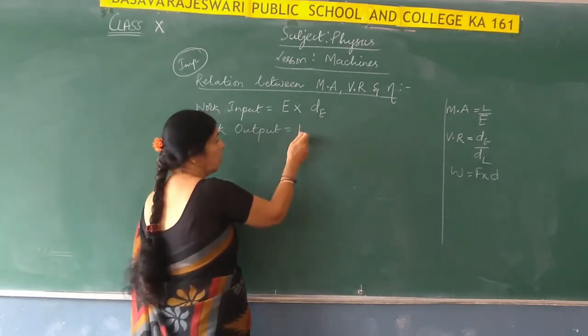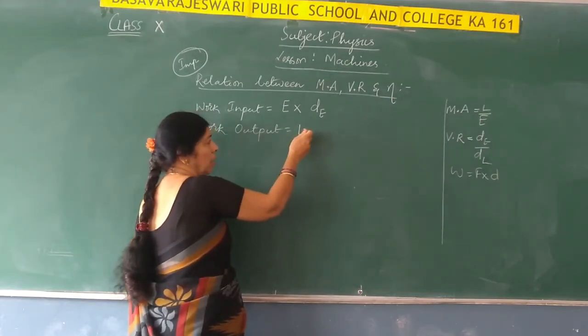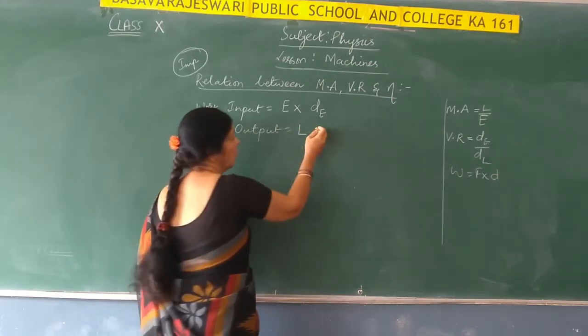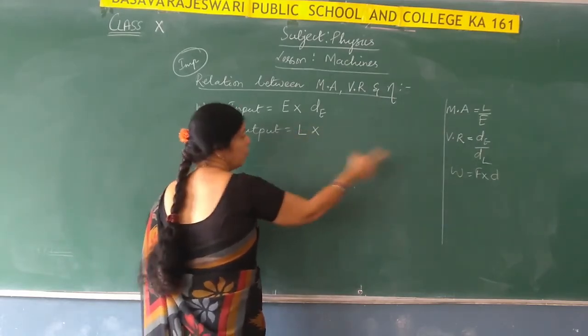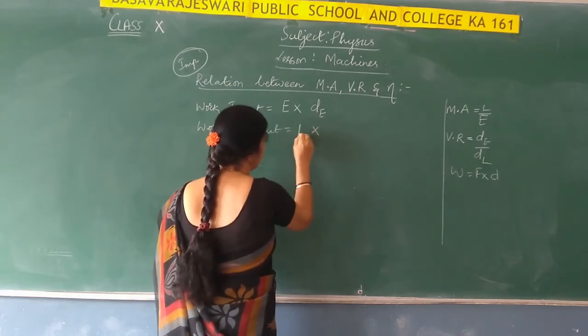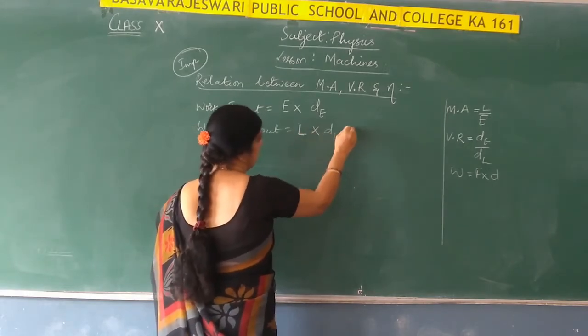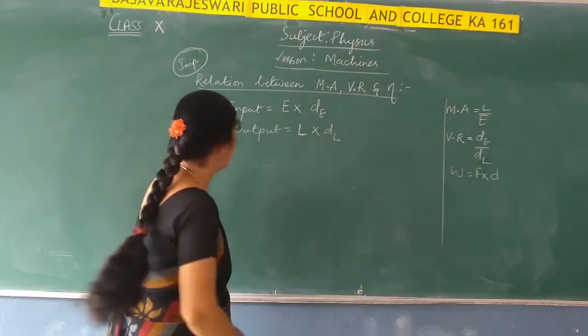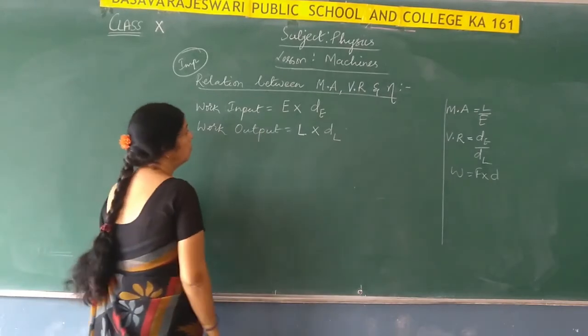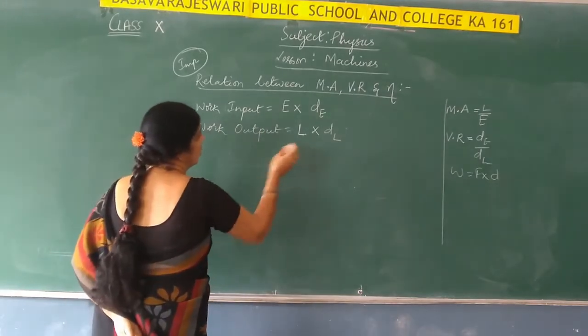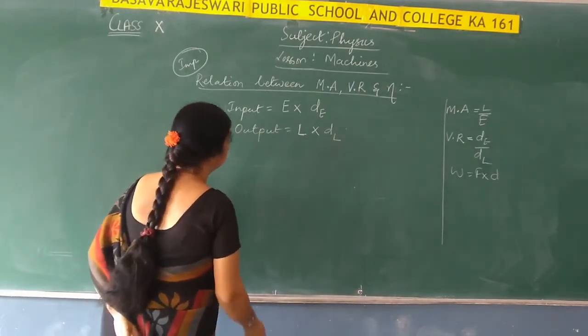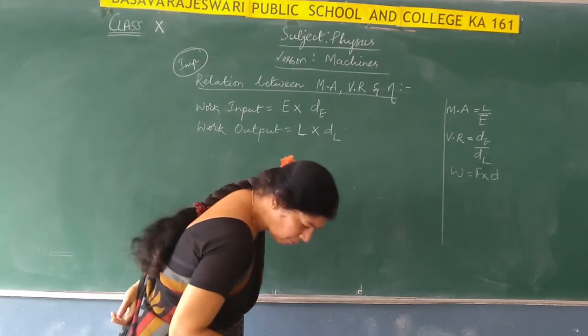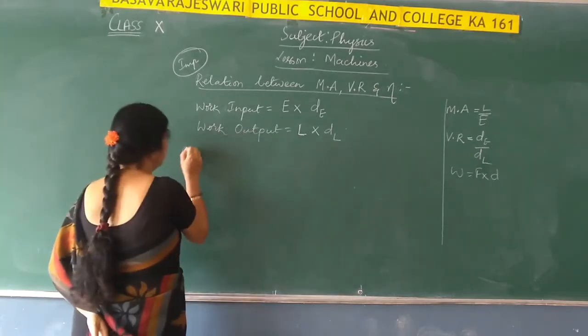We are overcoming L amount of force. So work is again force into displacement, so it will be equal to L into dL. Right? Okay. Now let us take by definition.